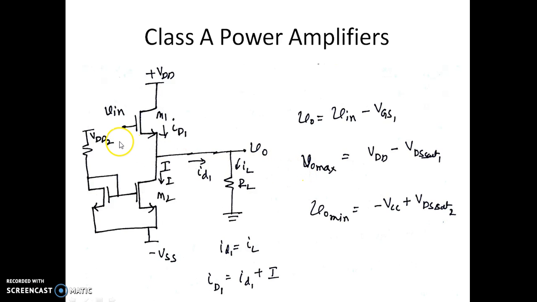So let us have a look at how the output waveform looks and what the VDS of this M1 transistor is. We know that as the input voltage varies, the output voltage follows the input voltage with a small difference of VGS. Neglecting this VGS, we can approximately write V0 equal to Vin.